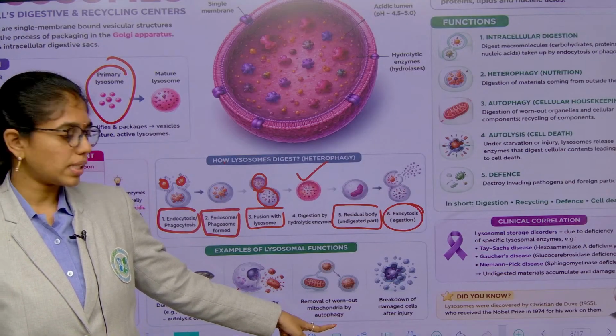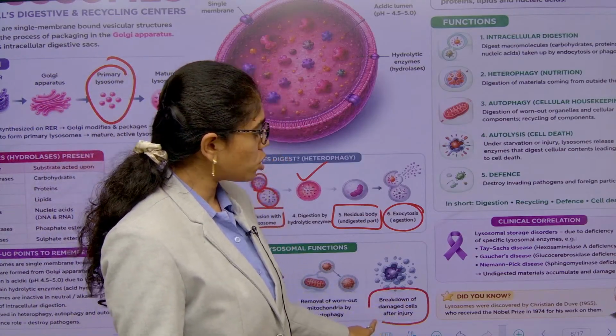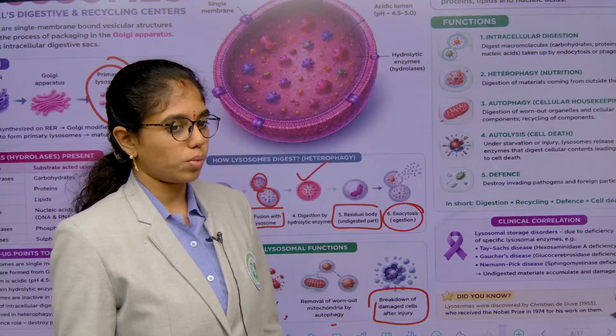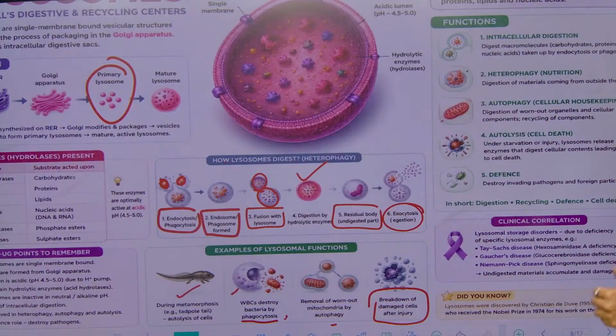Suicidal bags of the cell. Breakdown of damaged cells after injury is also because of what? Lysosomes. These are the added functions that you can take. WBC destroy the bacteria, lysosomes remove worn out mitochondria, and break down damaged cells after injury.